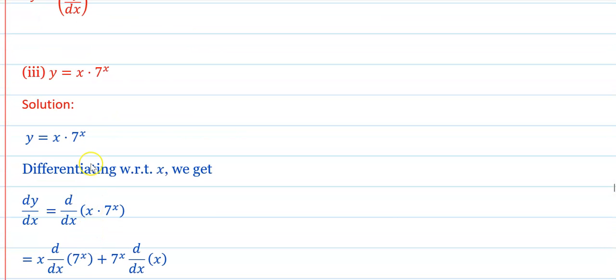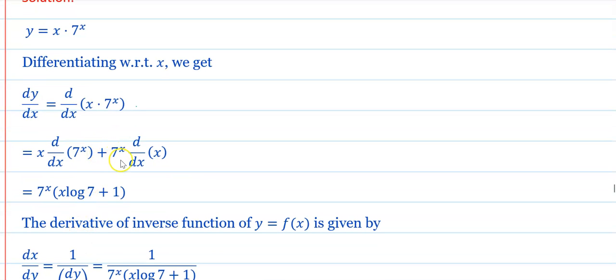Okay. Now the next, y is equals to x into 7 raised to x. Okay. पुन्हा इथे product rule apply करणार. Okay. x into ddx of 7 raised to x plus 7 raised to x into ddx of x. What is the derivative of 7 raised to x?